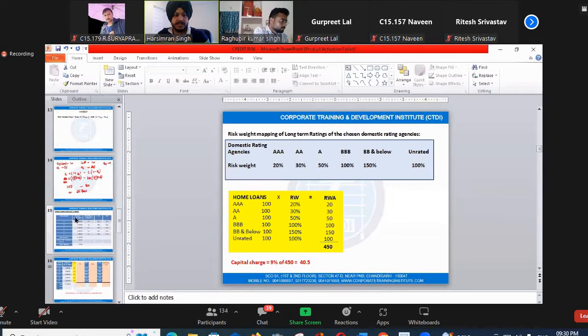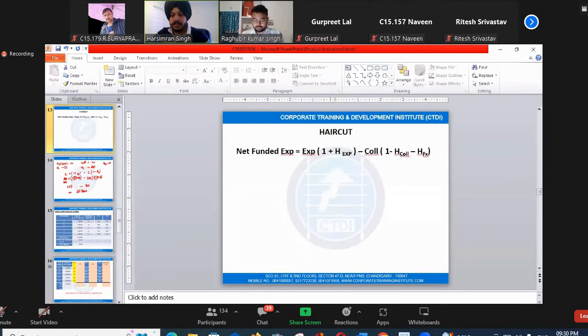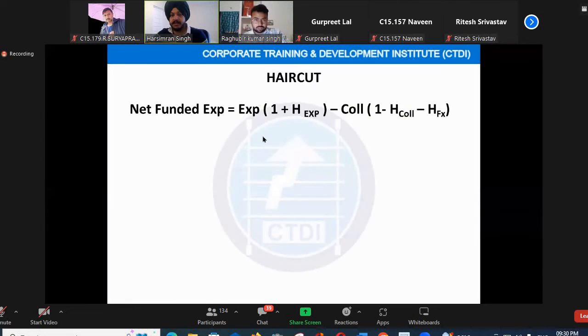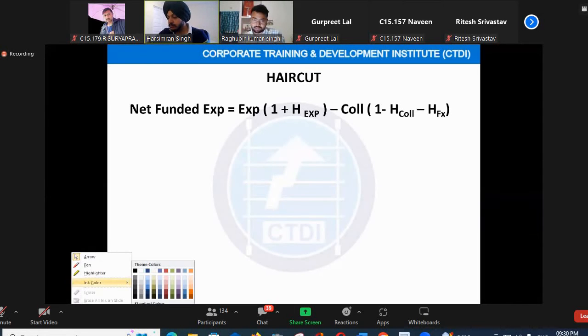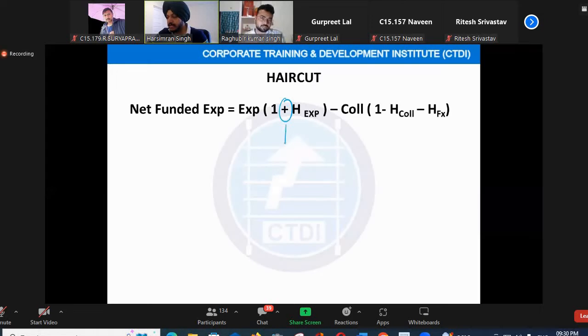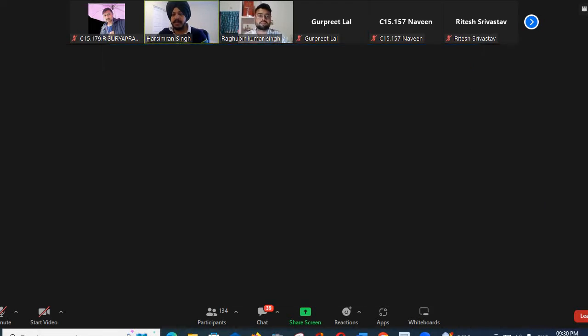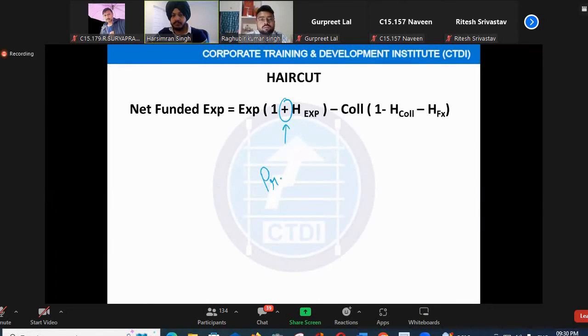The meaning is this: haircut on the exposure is added. ये देखो, this is added, this is premium. And haircut on collateral is subtracted, this is discount. Clear हो गया? This question has come in the paper. Got it?